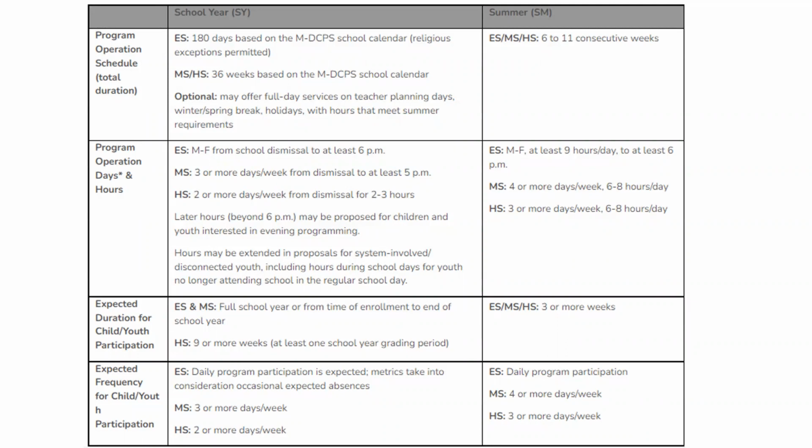Sure. Do you want me to answer that one? Yeah, go ahead. Sure. So, as we said, you can propose a specialized program, and you can justify the need for the ratios to be shifted should you be serving a population of children with disabilities. The important piece is to be able to justify.